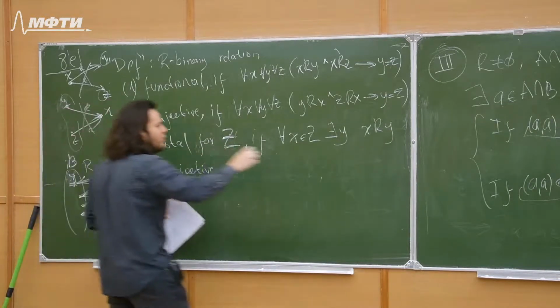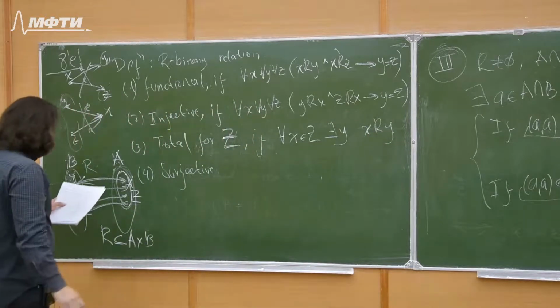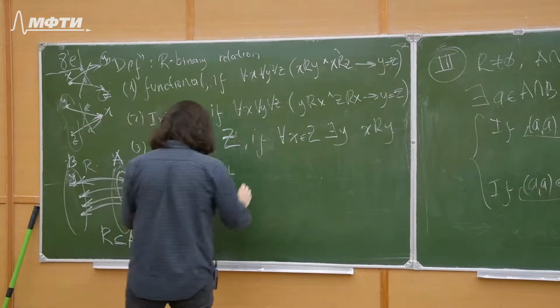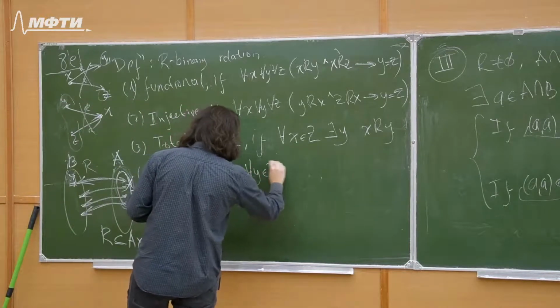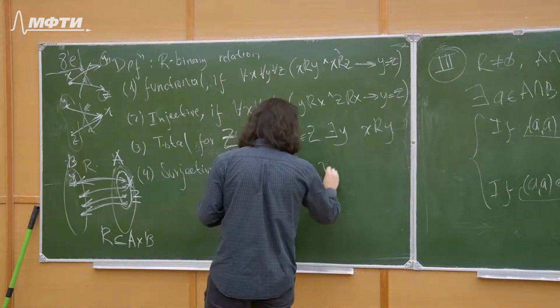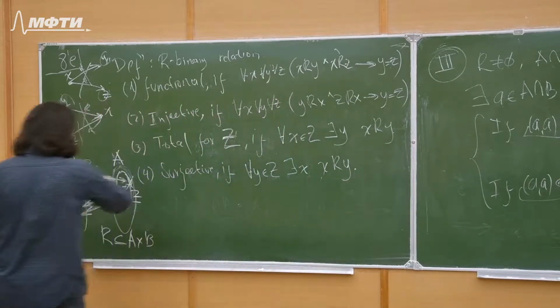Okay, now it's correct. And surjective means that for all Y in Z there exists some X such that X R Y. And this is what I was talking about actually.